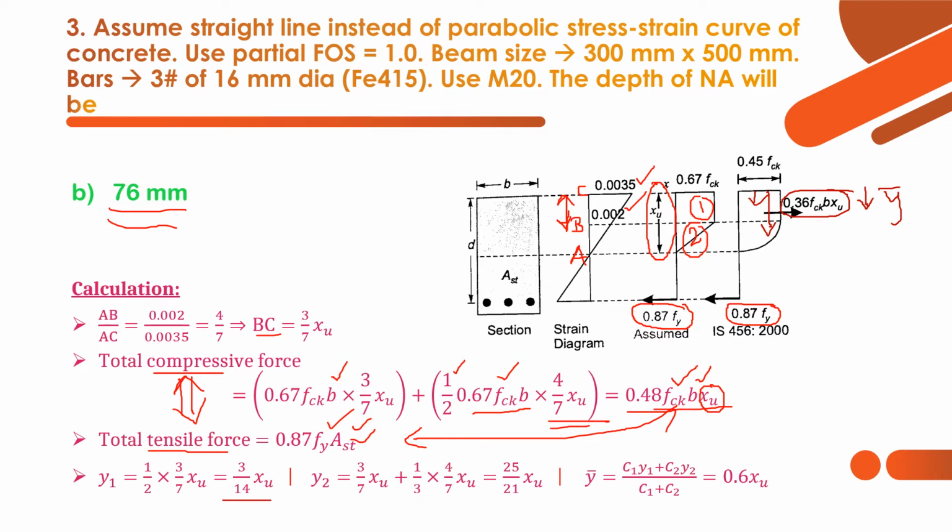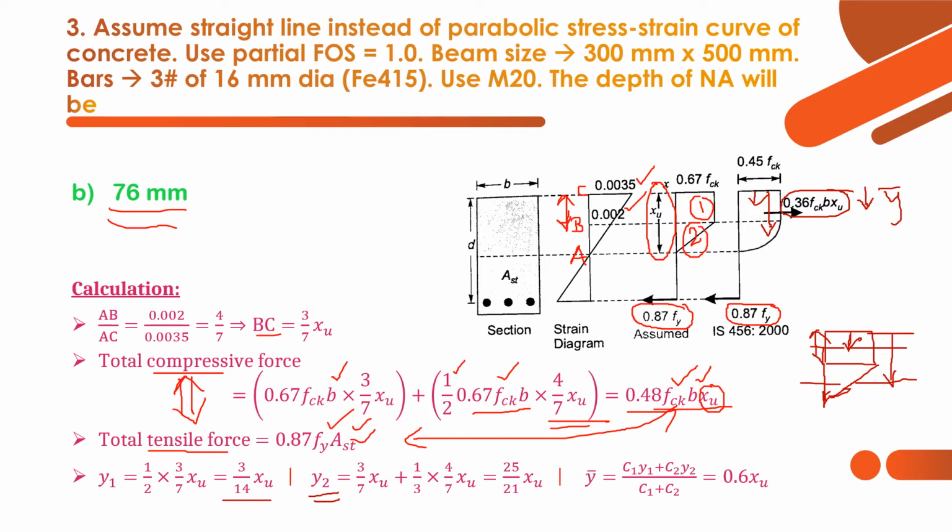xu in this problem. Similarly for y2, for example, this is the rectangular block and this is the triangular variation. We have to calculate y1 up to this centroidal distance and y2 for this centroidal distance. So y1 is half of the height of the rectangular block, that is half into 3 by 7 xu.